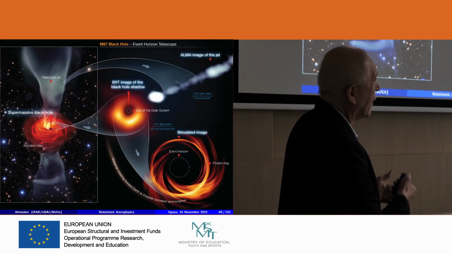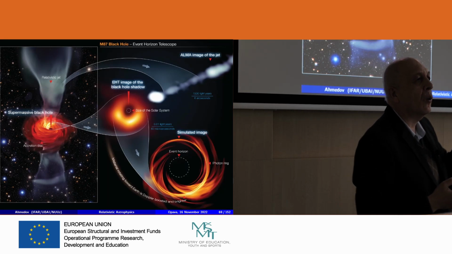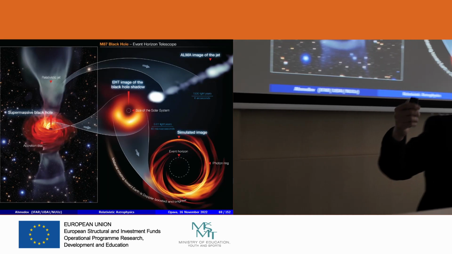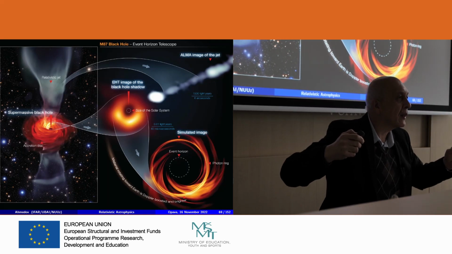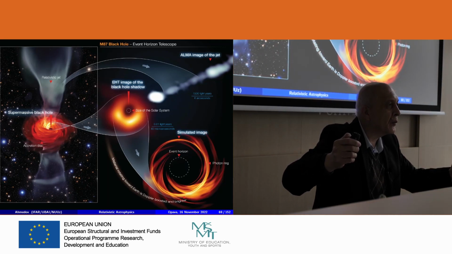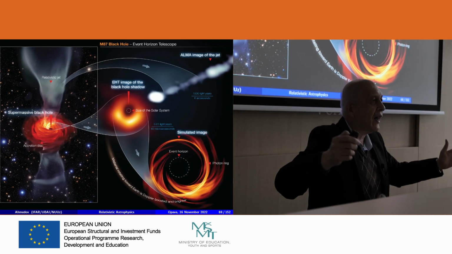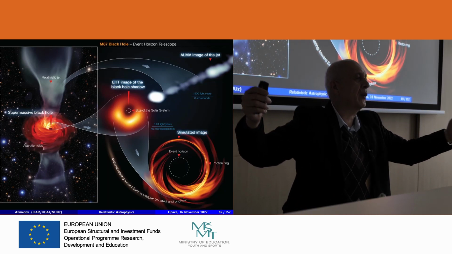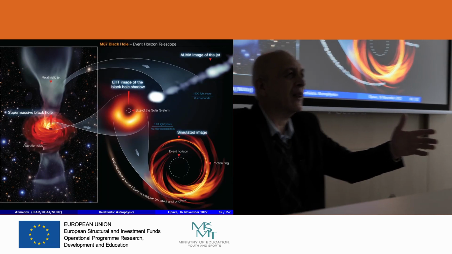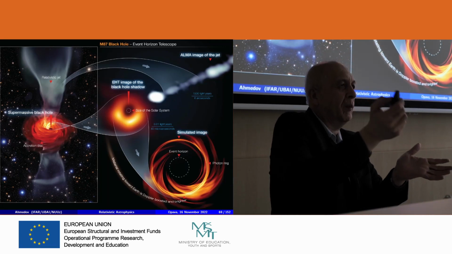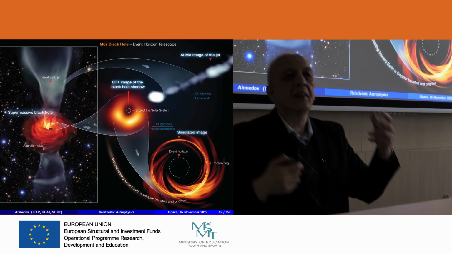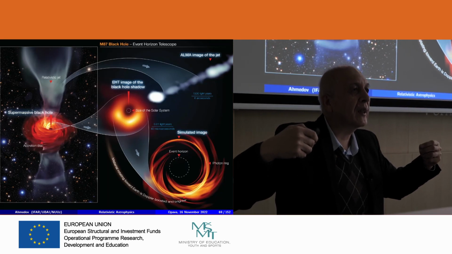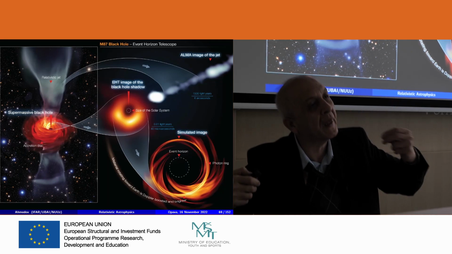Then you say, okay, you found this hole of the donut, yes, and what is interesting about the hole of the donut? The interesting part is the shape of this donut. In the ideal case, it can be a circle, but usually when you cook a donut, it will not be a circle. It will be deformed, and the deformation of this hole will give you information about the second parameter, spin.